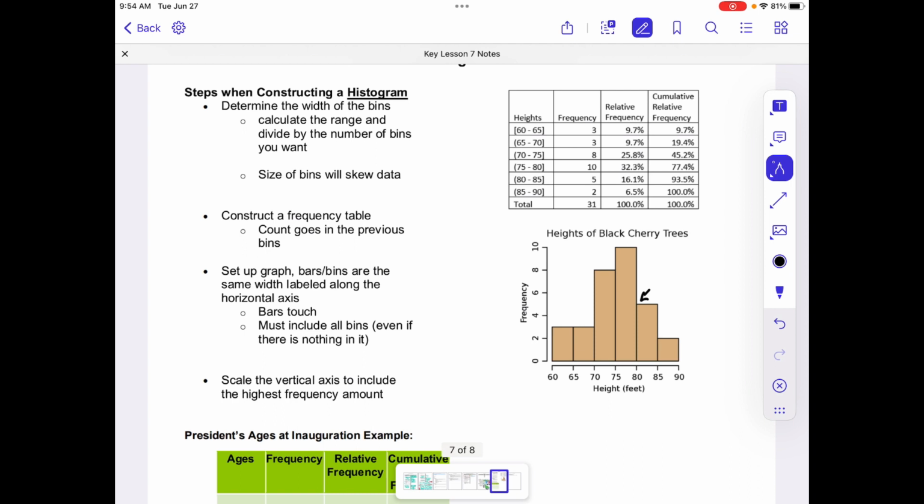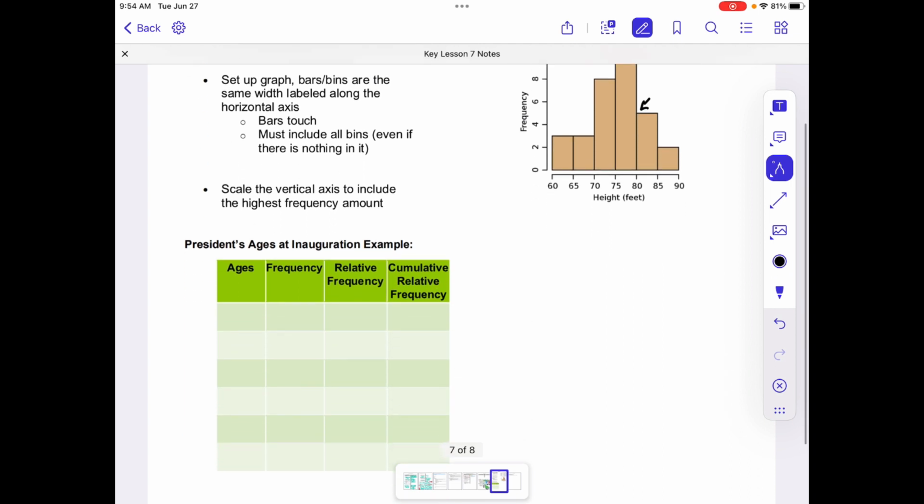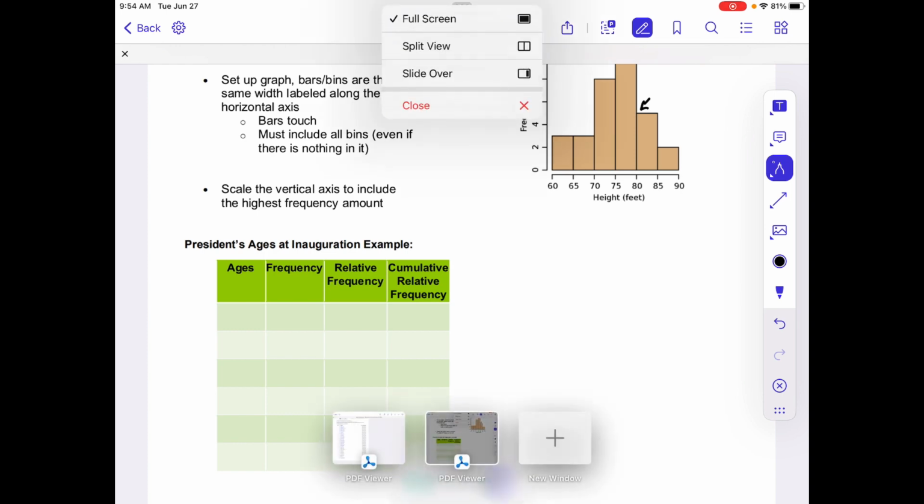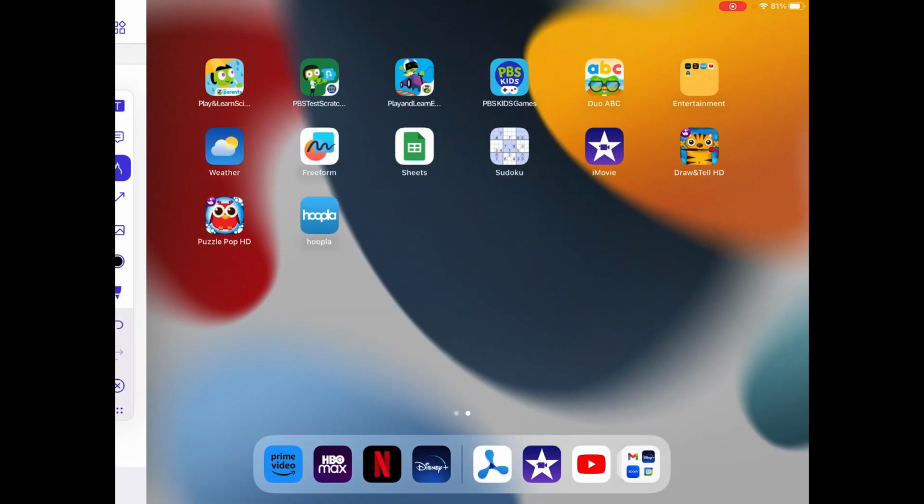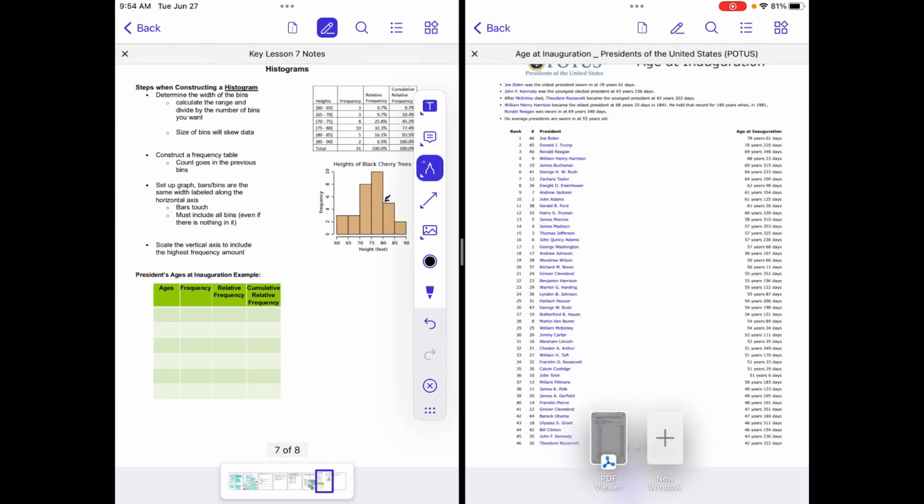Now, we're going to be looking at presidents' ages at inauguration. Here are all the presidents and their ages at inauguration.